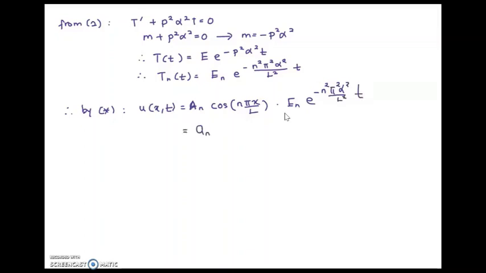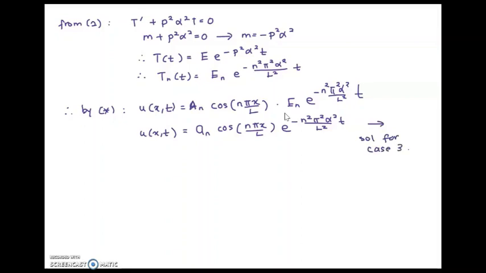I'm going to denote capital A times capital E as an. So we have an cos n pi x over L times exponent negative n square pi square alpha square over L square times t. So this is the solution for case 3.